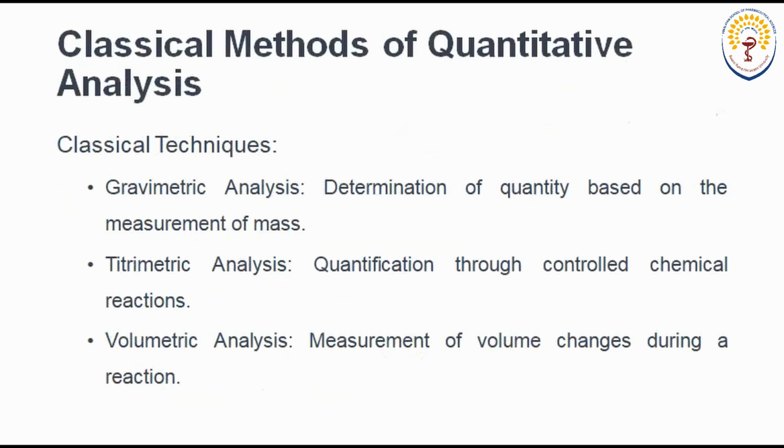Now, the classical methods of quantitative analysis. There are 3 methods which can be considered. Number 1 is gravimetric analysis. In gravimetric analysis, we form a precipitate by a chemical reaction.